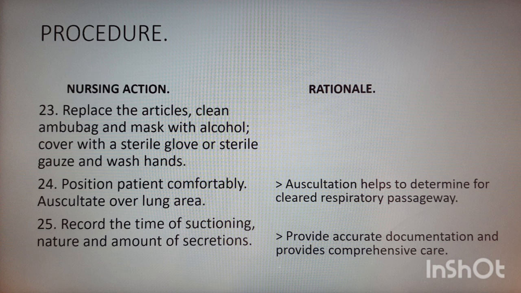Next, record the time of suctioning and the nature and amount of secretion. Also note the character of patient respiration before and after suctioning. This provides accurate documentation and provides for comprehensive care.